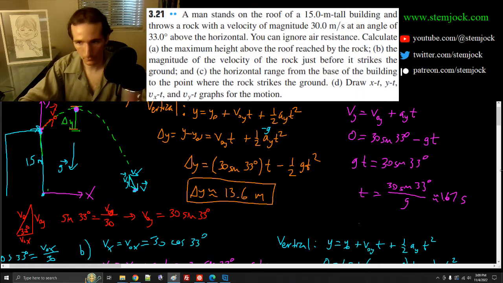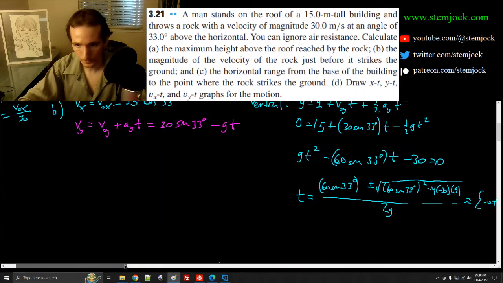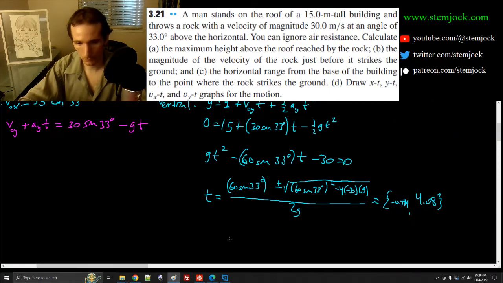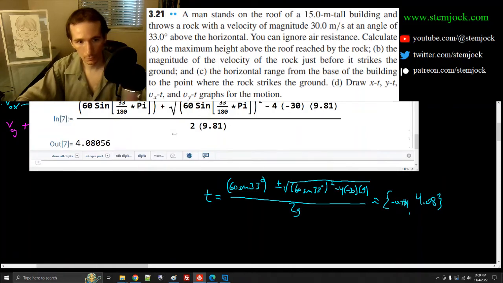So we can easily dismiss the negative value of t. We're going to use the positive value, which is 4.08 seconds.